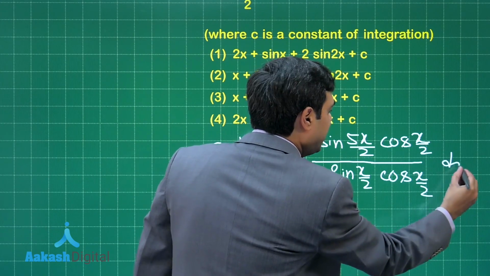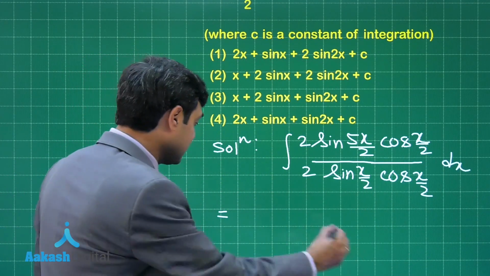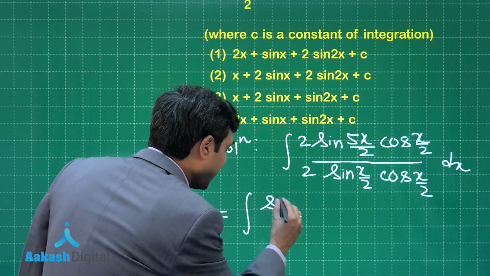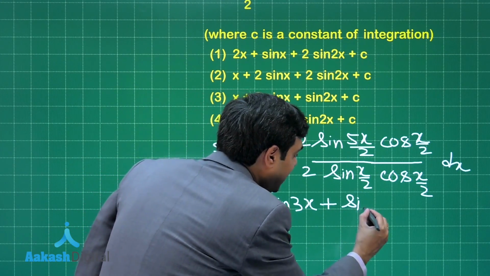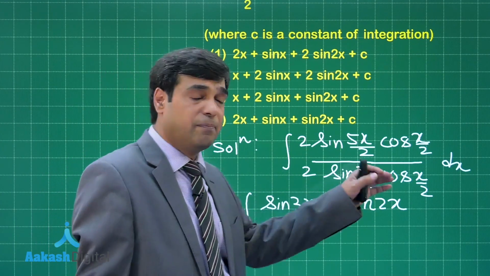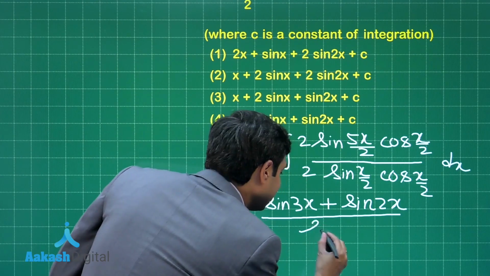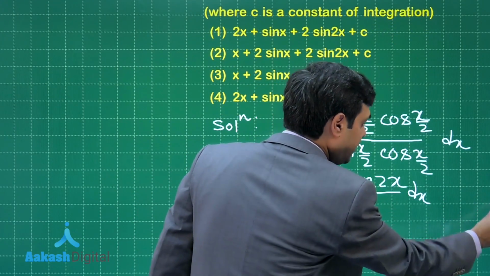Right? So what do we get here? In numerator we have 2 sine a cos b, that is sine a plus b giving you sine 3x plus sine a minus b giving you sine 2x. Right? Denominator is simply 2 sine x by 2 cos x by 2, which can be written as sine x. I'm sure this part is clear till now.